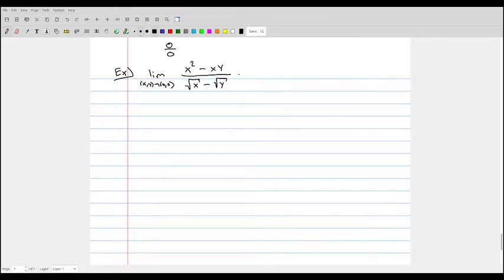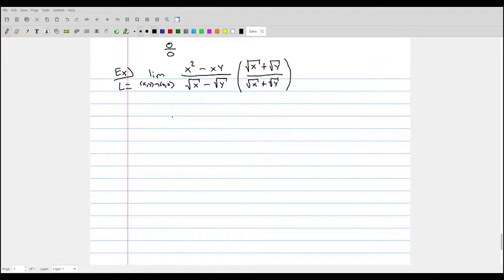Specifically, if we multiply by the square root of x plus the square root of y over the square root of x plus the square root of y, this is not changing our function at all. This is the same thing as multiplying by 1. So we're not changing the limit that we're calculating here. This limit is still the same limit that we're trying to calculate, L.